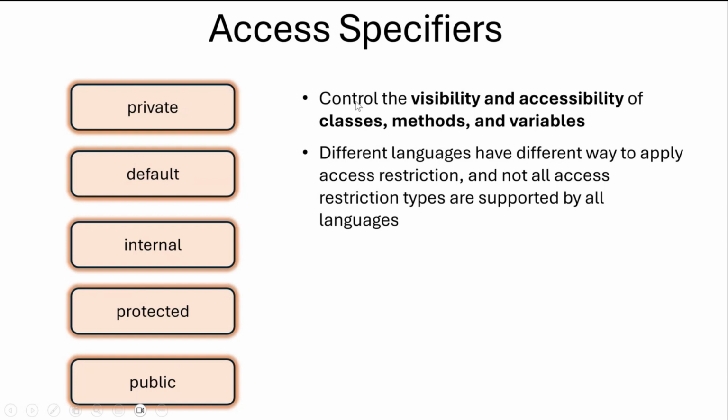So here we are not talking about the syntax, we are talking about the access level, right? Different languages support different types of access levels. Not all support all types of restriction, right? We'll start with the private access level and go till the public access level. So it is in the order of more restrictive to less restrictive.